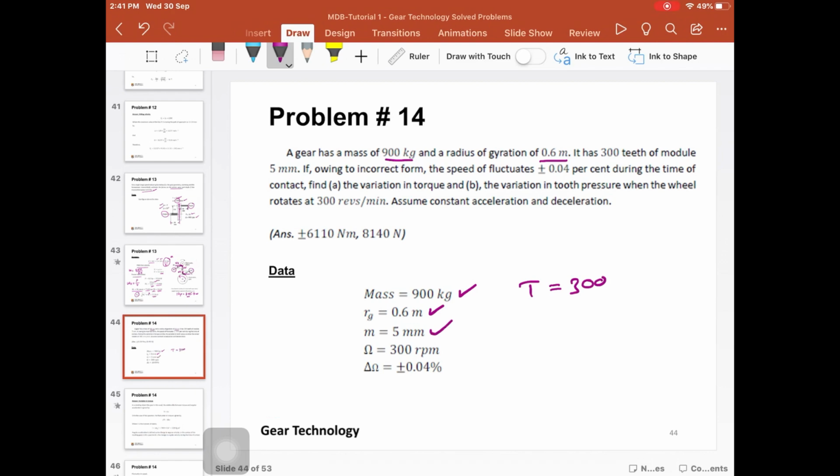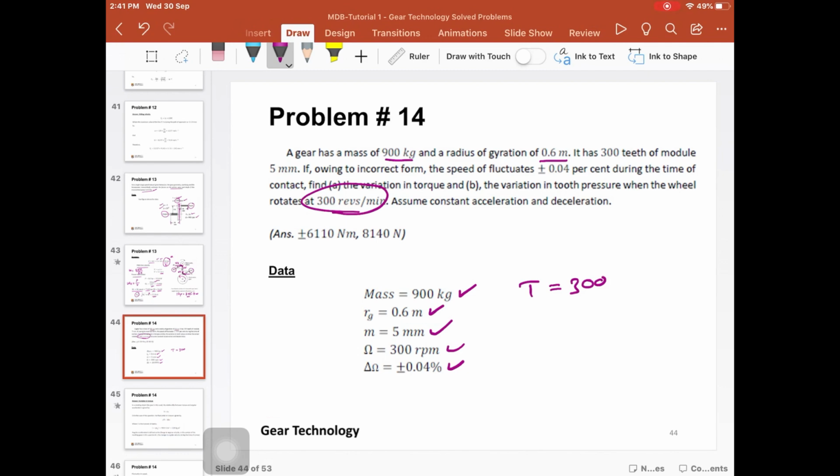If owing to incorrect form, the speed fluctuates, or the speed of the gear fluctuates by plus or minus 0.04% of the speed, of course. So the speed given here is 300 RPM, and then the fluctuation of the speed is plus or minus 0.04% of this 300 RPM.